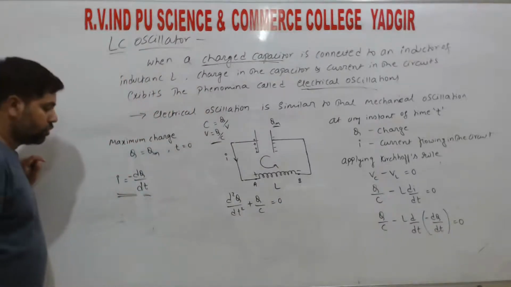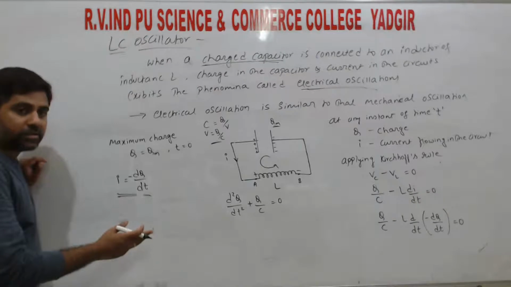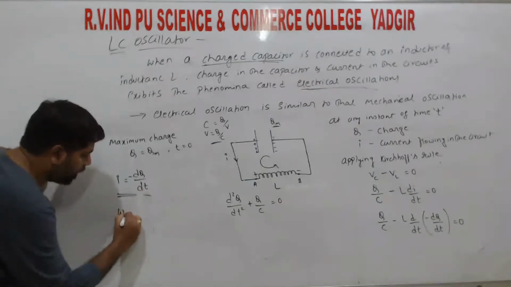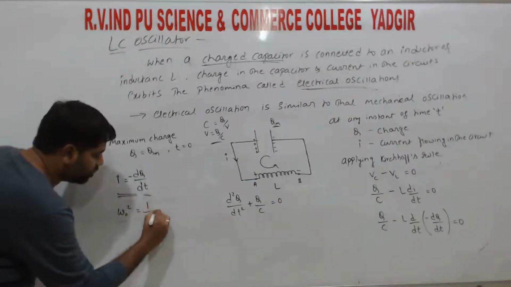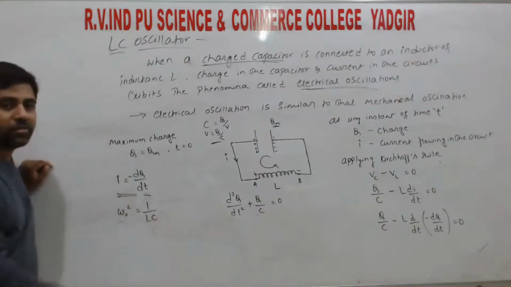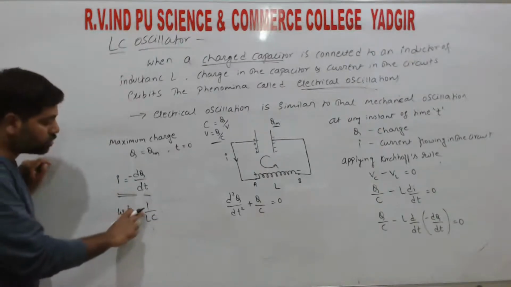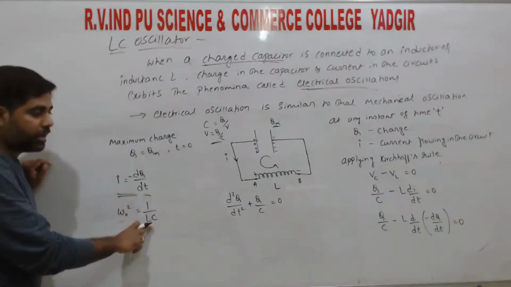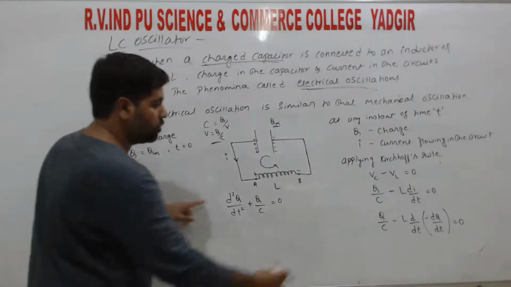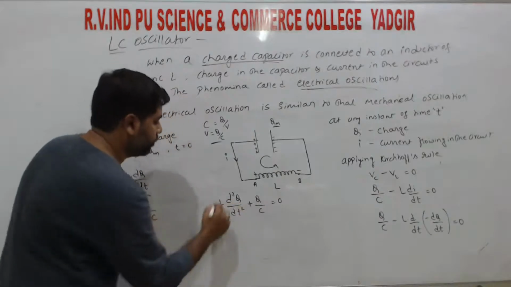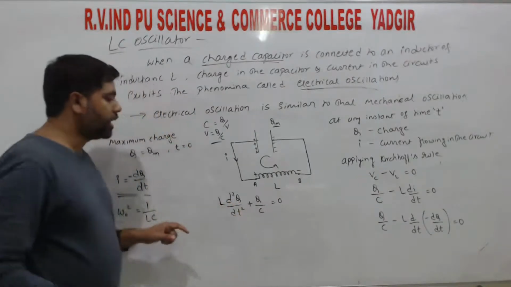We know that at resonance, omega naught square equals 1 divided by LC. This is when at resonance XC equals XL, omega naught square equals 1 by LC, right? L into d square Q by dt square.